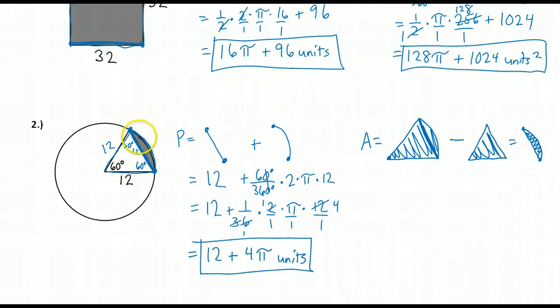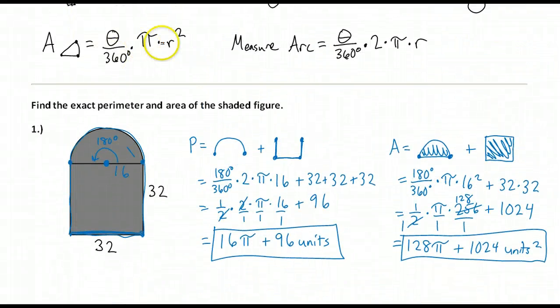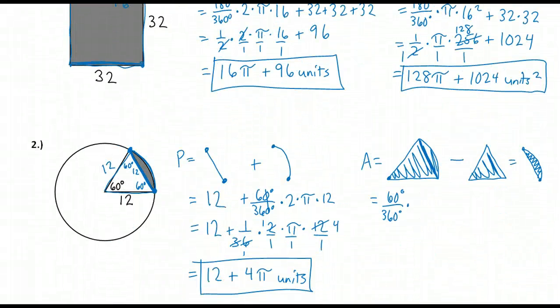There is no formula to figure out this gray area, so I'm going to have to make it by subtracting two other areas. So step 1, find the area of this sector. So I'm going to take theta out of 360 times, well, I'm going to use the area of a sector formula, pi times r squared, minus the area of this triangle.